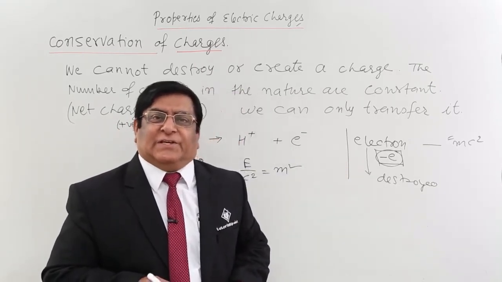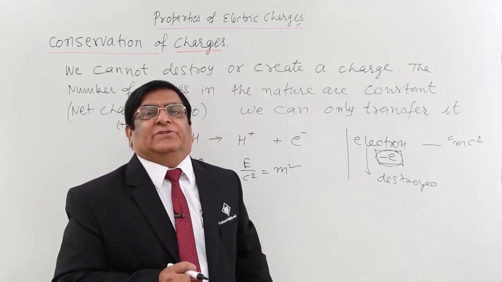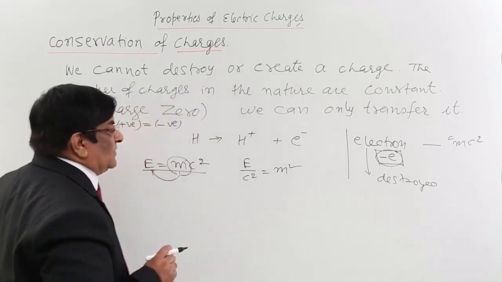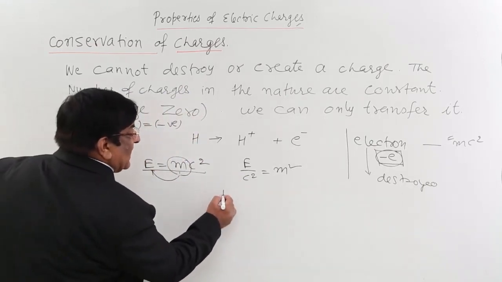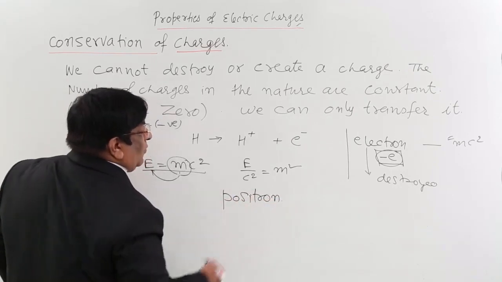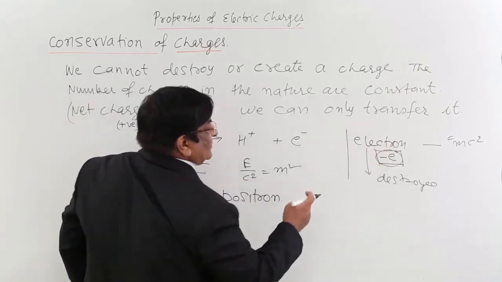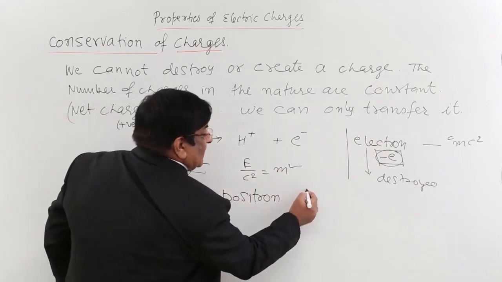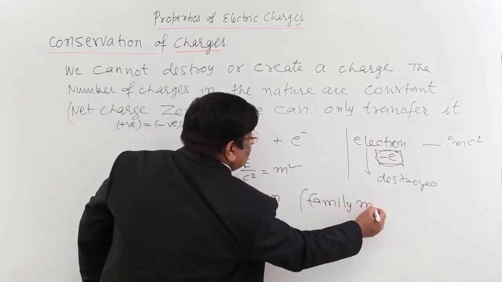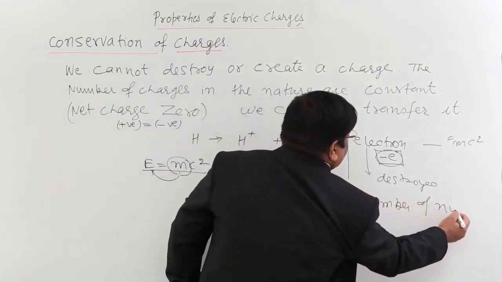It says there is another particle which so far we did not know, and that particle was then discovered and given the name positron. What is a positron? Positron is opposite to electron. It is a family member of the nucleus. Inside the nucleus it is found.